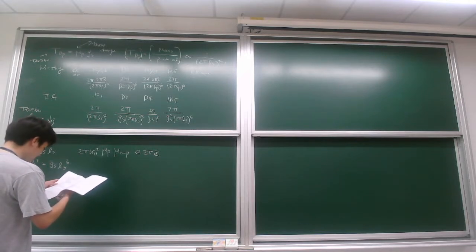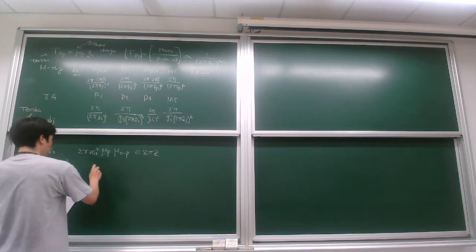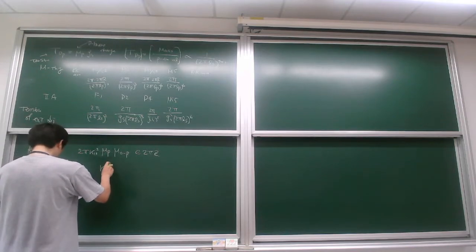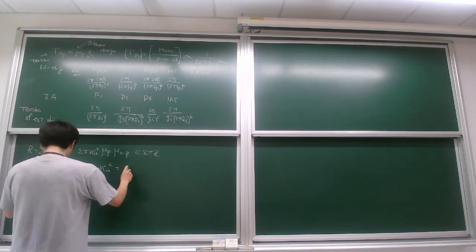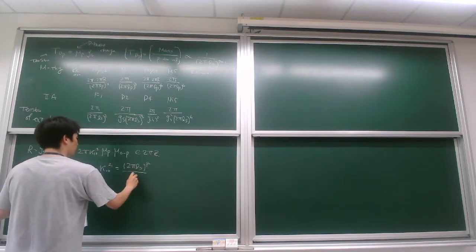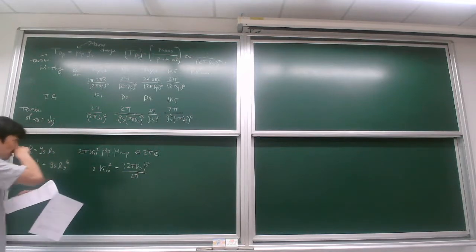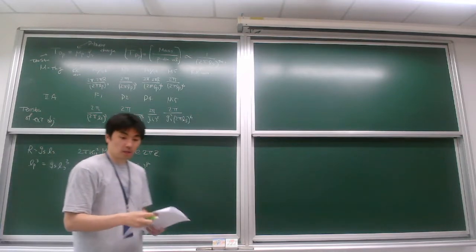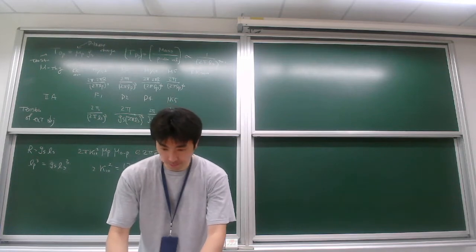Kappa_10 squared is equal to 2 pi to the 8 divided by 2 pi. And that's what we are supposed to have.